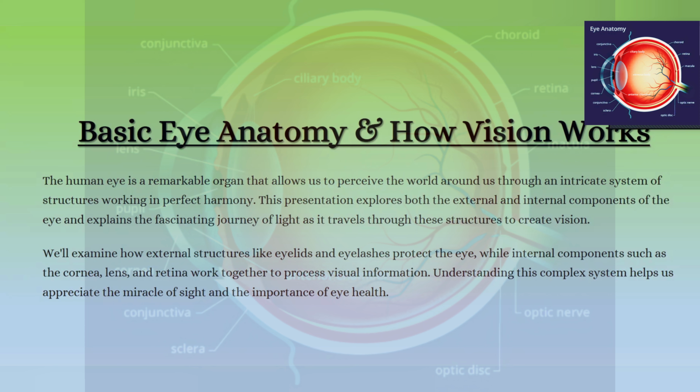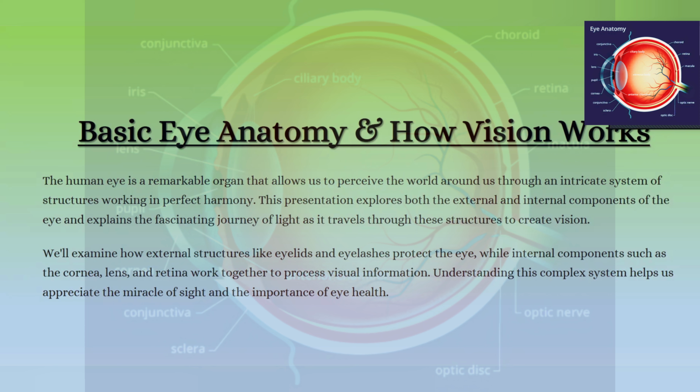The human eye allows all of us to see this world, and it plays a perfect harmony. This presentation will explore the external and internal components of the eye, how light enters the eye and creates vision, and how you are able to see it.